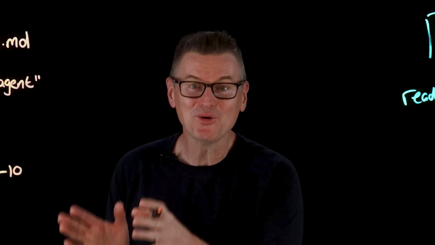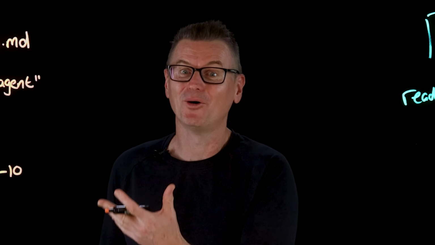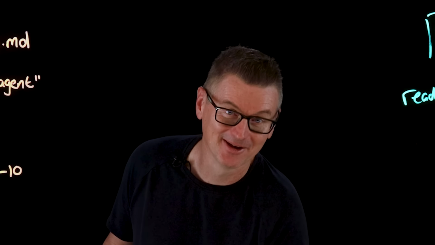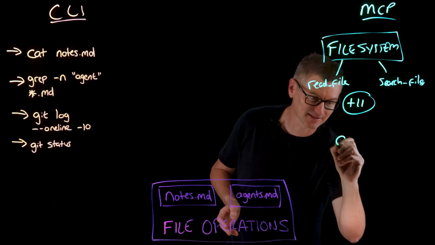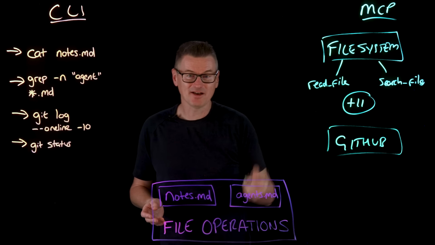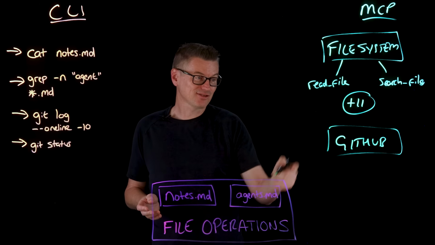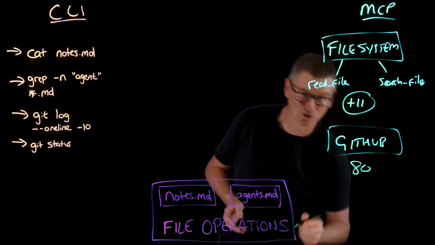And the model knows Git cold. It knows the flags, it knows the format strings, all from its training data. Now, consider the MCP alternative, which in this case is the GitHub MCP server. That doesn't ship 13 tools, that ships 80 different tools.